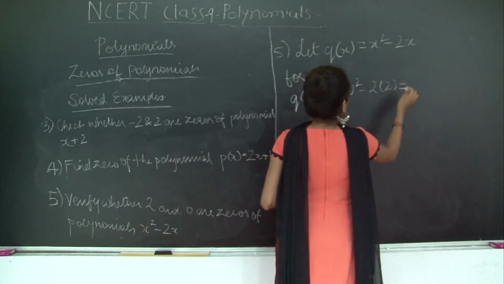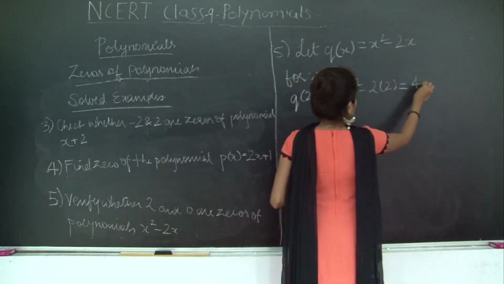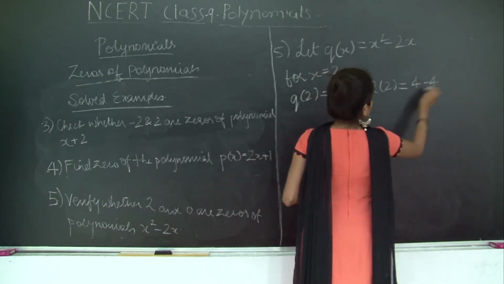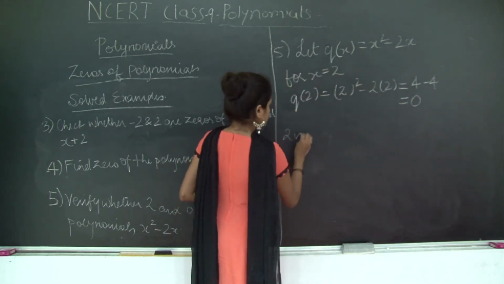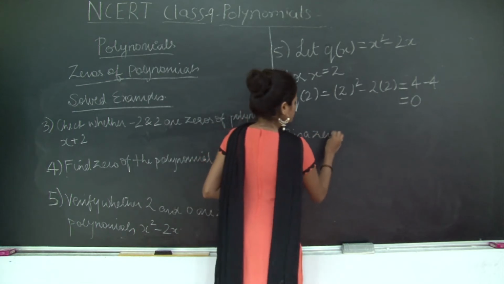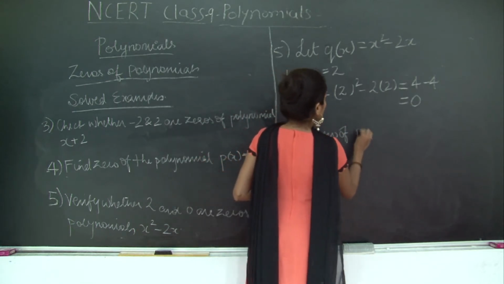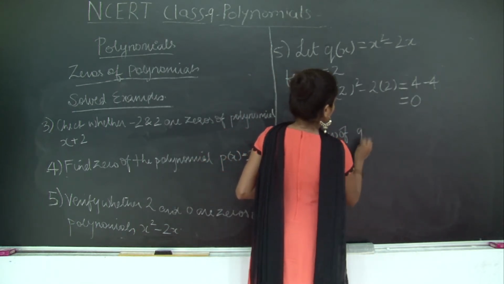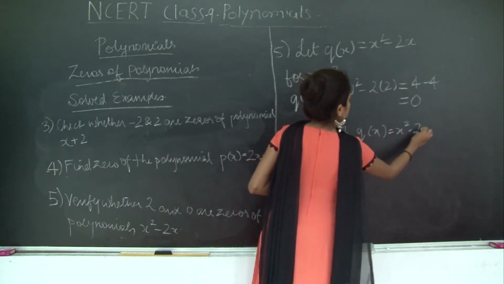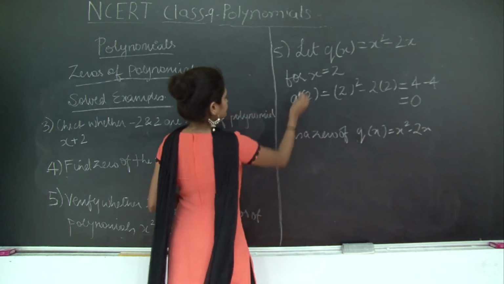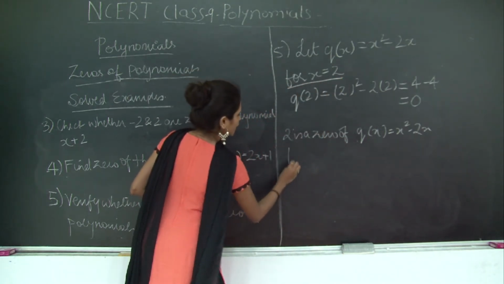So 2 square is 4, minus 4. This is equal to 0. So yes, 2 is a zero of polynomial q(x) is equal to x square minus 2x. Okay.